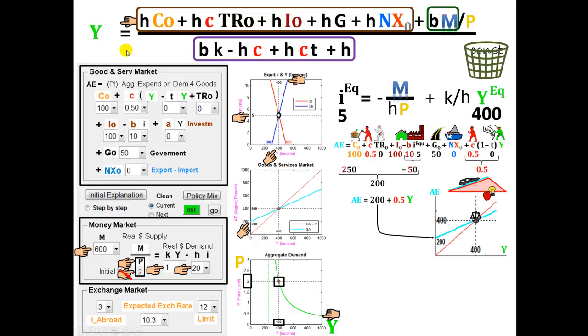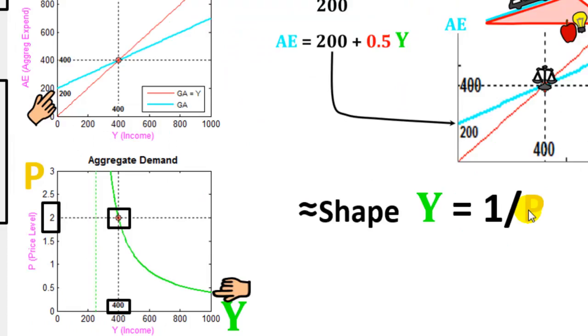So the shape of this is similar to the shape of Y equals 1 divided by P. We can see here this divided by P, and this is quite familiar to you, because if P takes a small value, let's say here, then Y takes a big value, and if P takes a big value, then Y takes a small value.